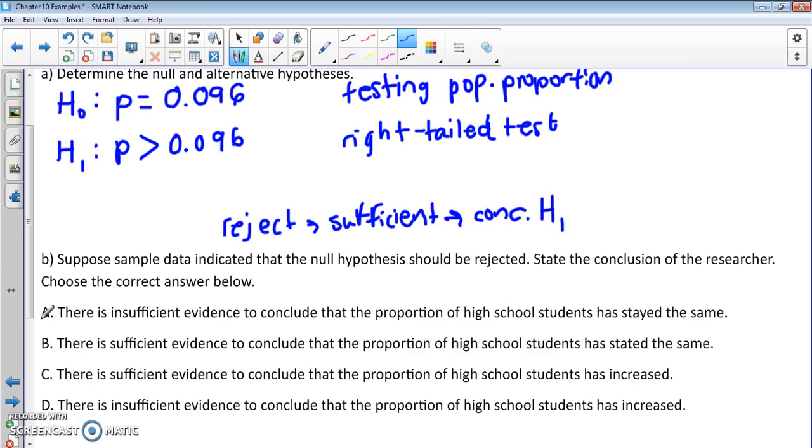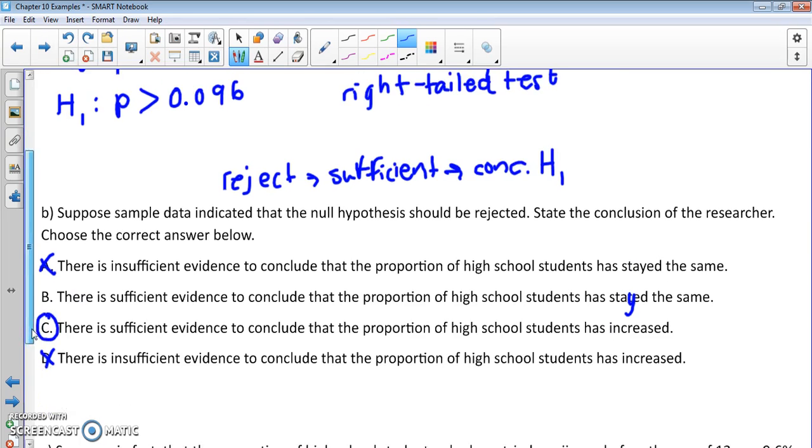So there's sufficient evidence to conclude that it has increased. So notice here this says that it has increased and not stayed the same, so you want to make sure you're reading carefully. So it has increased as the alternative here.